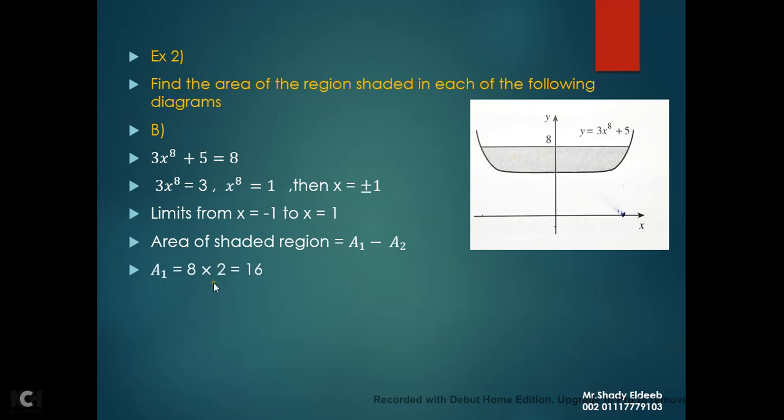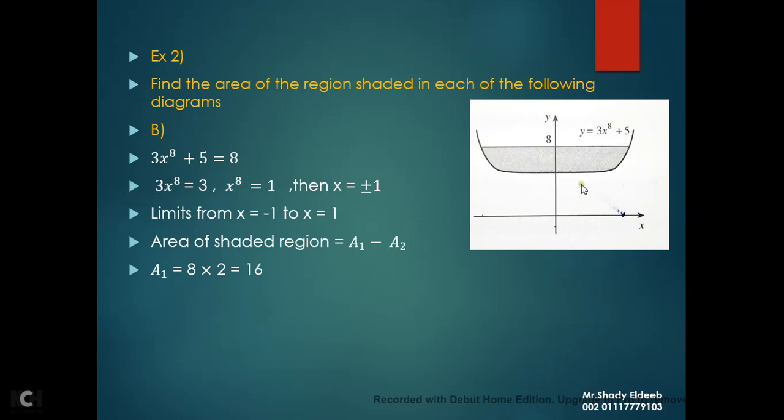Area 1 is 8 multiplied by 2. How do I know? Because the height of the rectangle is 8 and the base is 2, because I have here 1 and here 1. So 2 times 8 is 16, and this is a1.